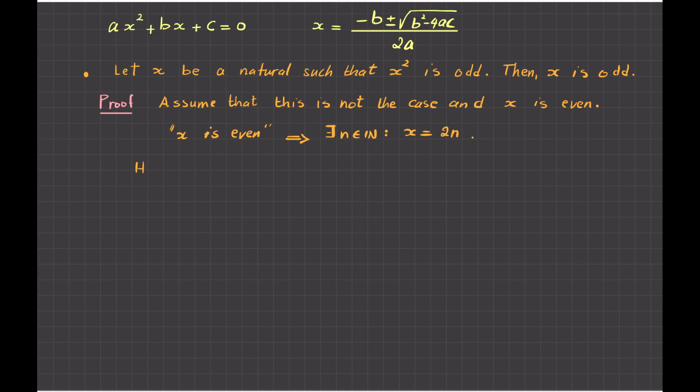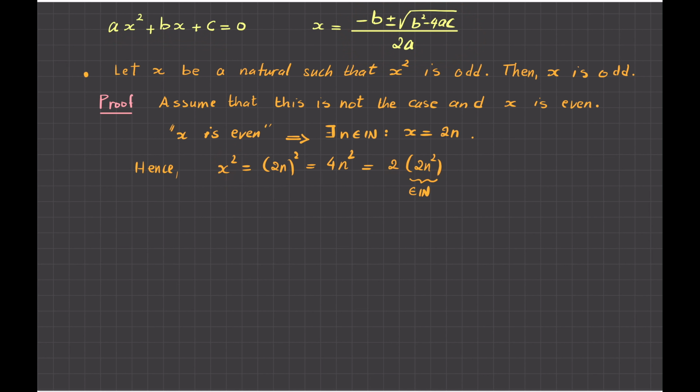Therefore, x squared becomes 2n squared, which is 4n squared, but 4n squared can be viewed as 2 times 2n squared. But what type of number is this? This is also a natural number. So what I understand is that x squared is 2 times a natural number.